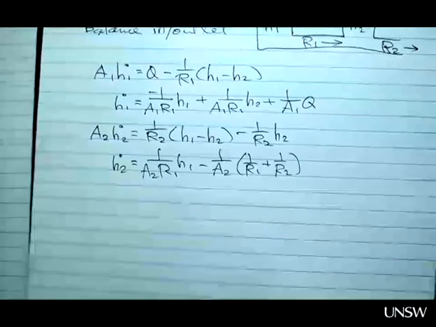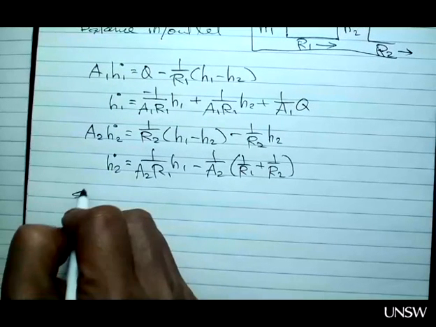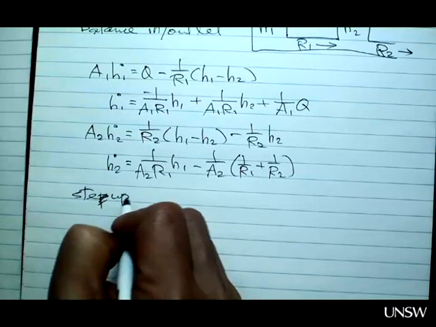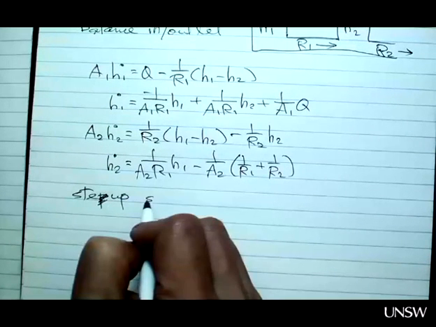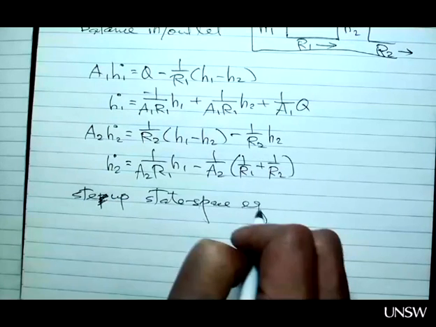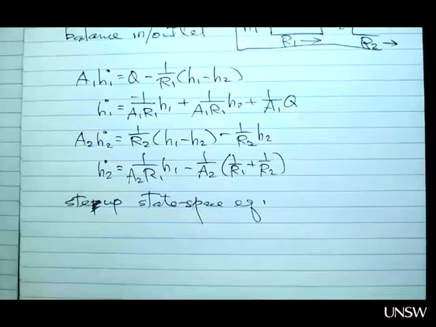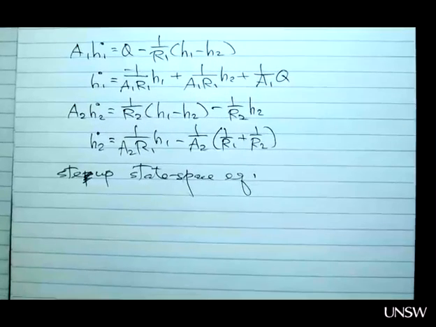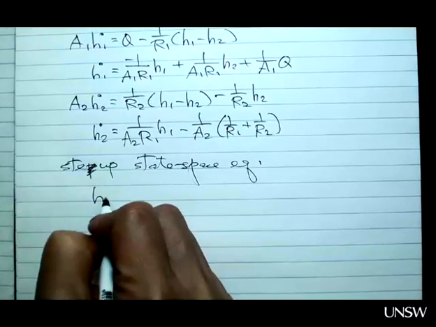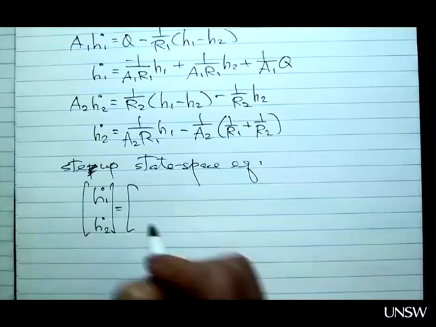so from the differential equations, we set up the state space equation. So we put the differentiations on the left-hand side, and then we construct the matrix.